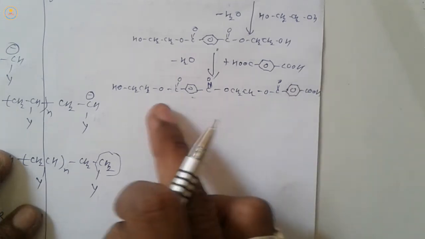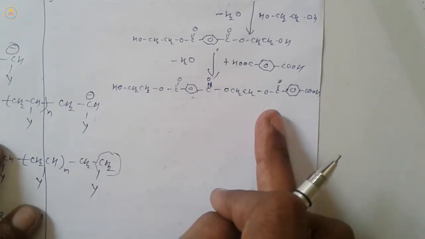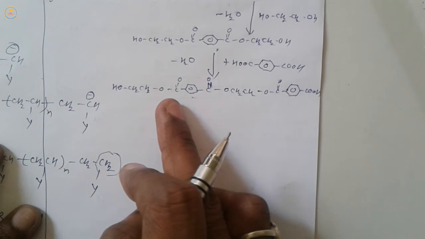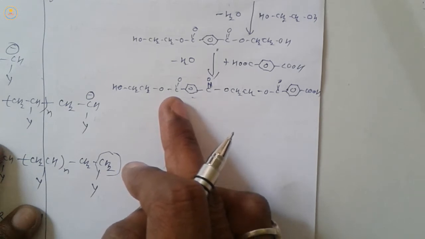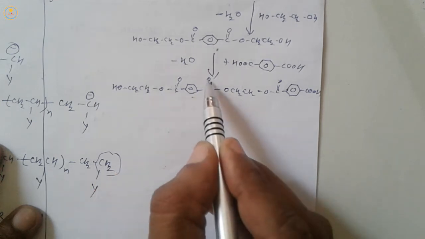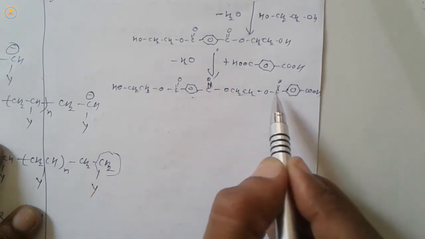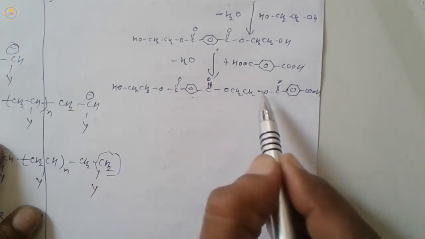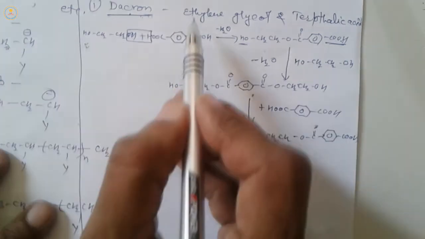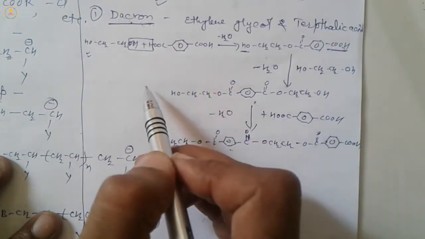In this structure, many ester bonds are present. Ester single bond COOR, monovalent COOR, COOR, and so on. So Dacron is a polyester polymer.